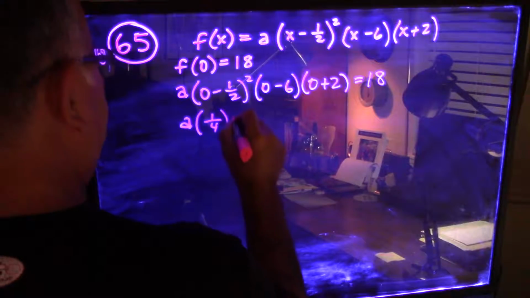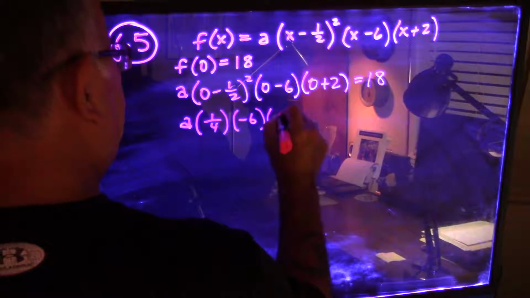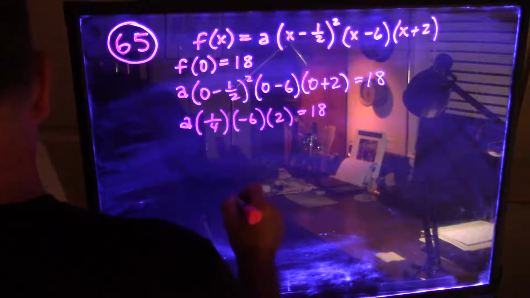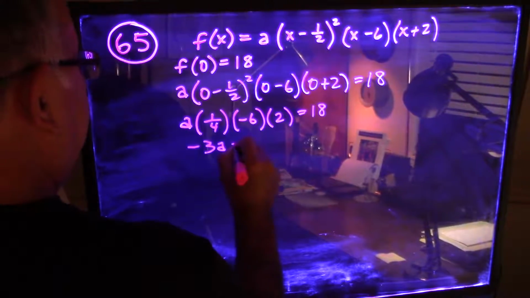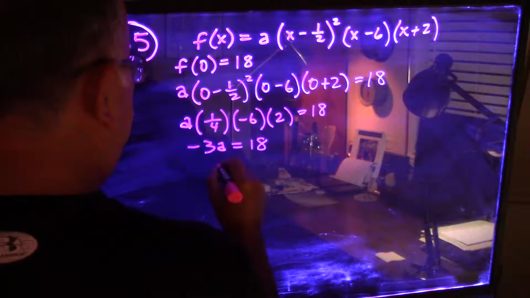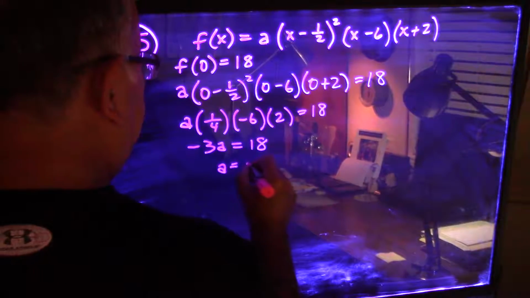And then we've got a minus 6, and then a 2 equals 18. So this says negative 3a equals 18. And so a is equal to negative 6.